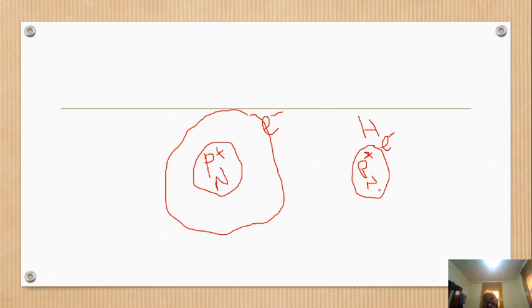Now, when hydrogen loses this electron, it has only one electron. When it loses this electron, there will be no electron. There will only be neutrons and protons.